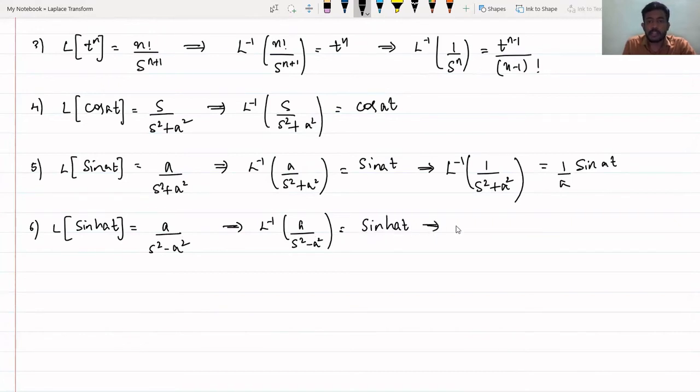On the same lines, if I want to find L inverse of 1 by s square minus a square, since we don't have the constant a in the numerator, I have to divide this by a, and the inverse of 1 by s square minus a square is sinh at divided by a.